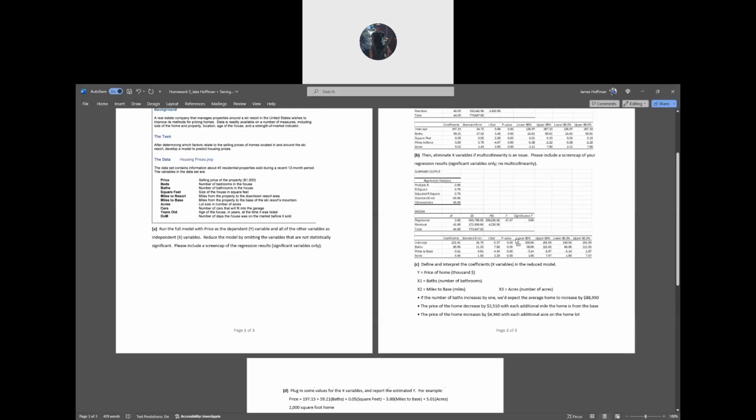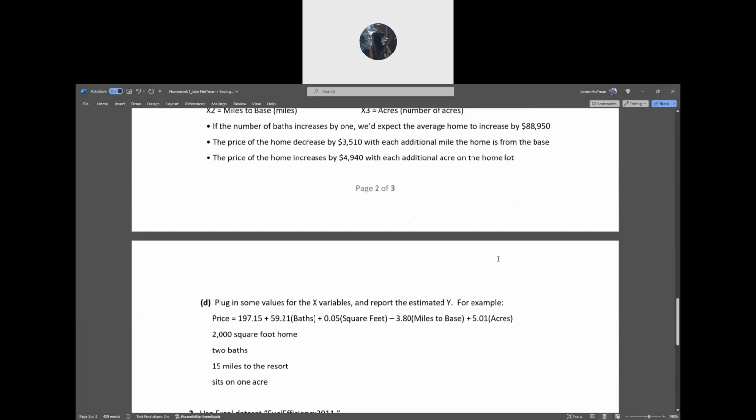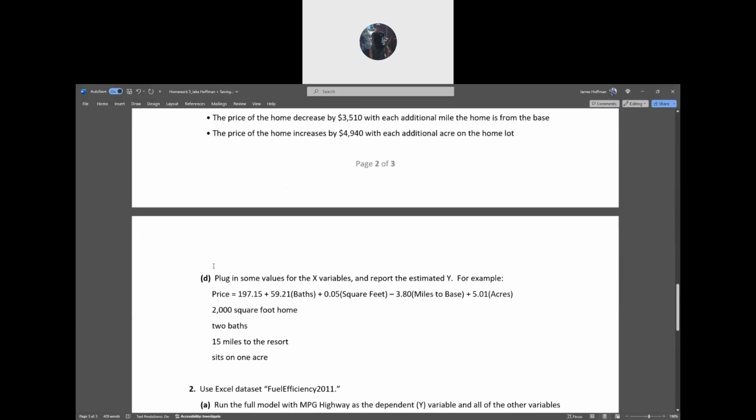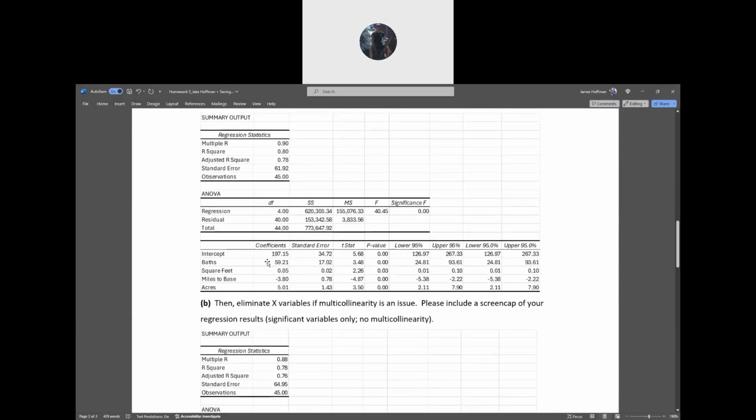So there's our general equation, and I got that from this. I just plugged in the coefficients, right?